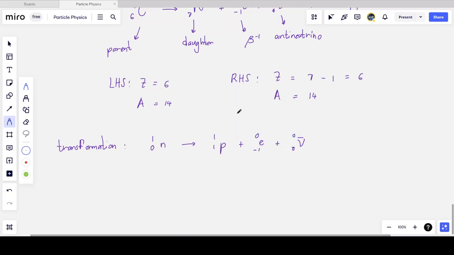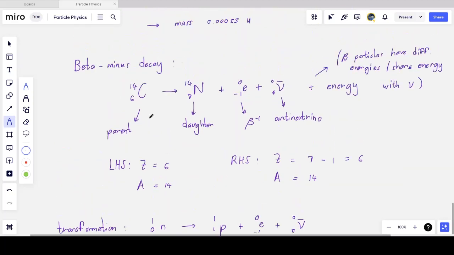So if you look at the equation above, carbon-14 has 6 protons, but nitrogen has 7. The number of nucleons is the same, so carbon has 8 neutrons and nitrogen has 7.